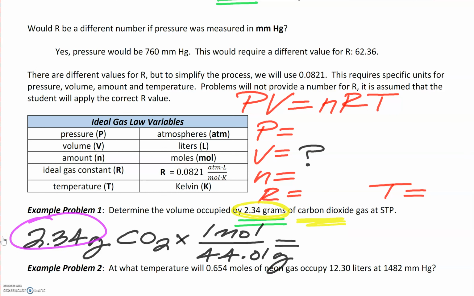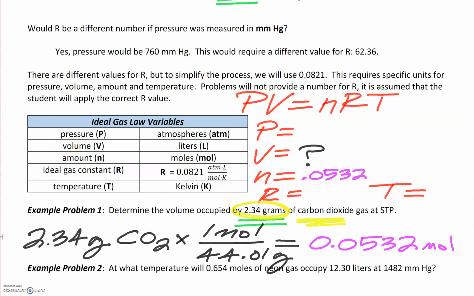So I run that through, and we're going to go with 3 significant figures in our answer. So I'm going to go with 0.0532. If you just did 0.05, that would be fine, but we're going to try to be consistent here. So that's going to go in for my n value. I'm going to put 0.0532 in here.